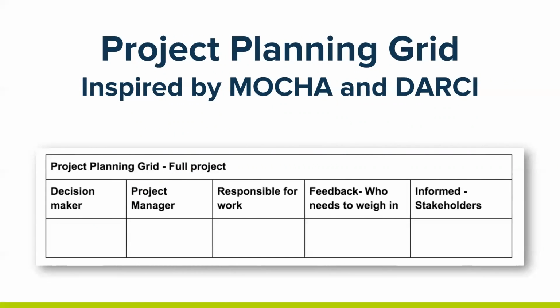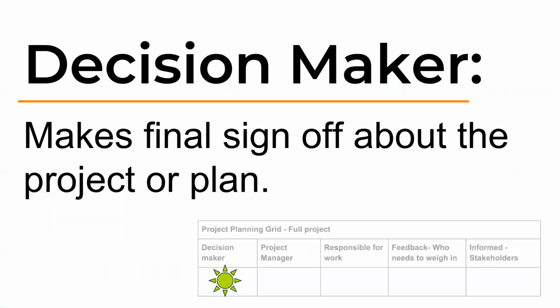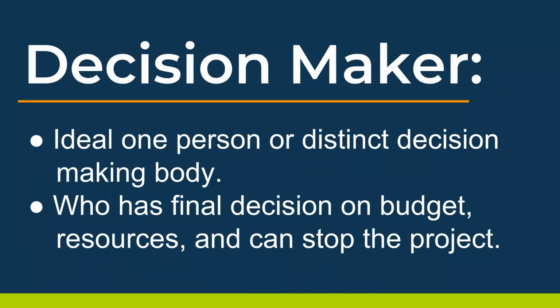So decision maker is the first role we're going to talk about. They make the final sign off about the project or plan. Ideally, this is one person or a distinct decision-making body, so that you know who is definitely making the sign off about the overall project or the sub-element of the project.